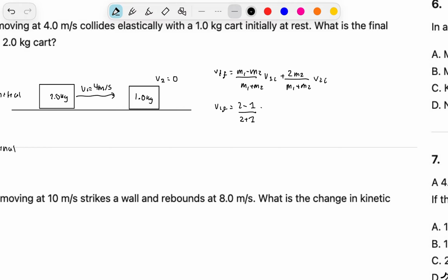The sum times 4.0 plus 2 times 1 times divided by 3 times 0. This expanded is 2 is 1 plus. So if you plug that in your calculator, this is 1.33 meters per second.